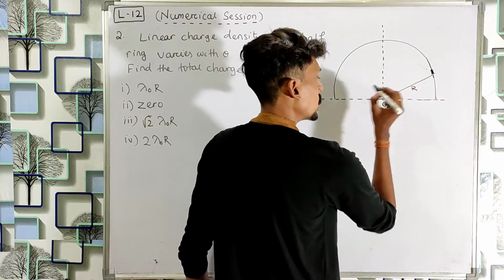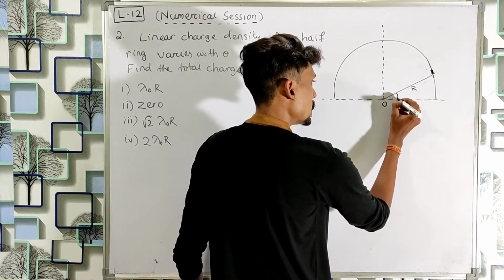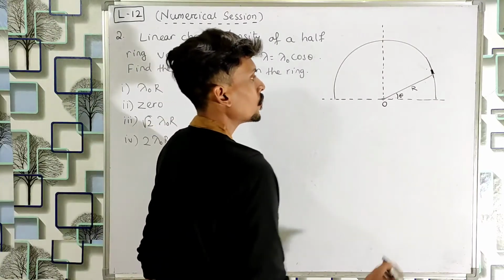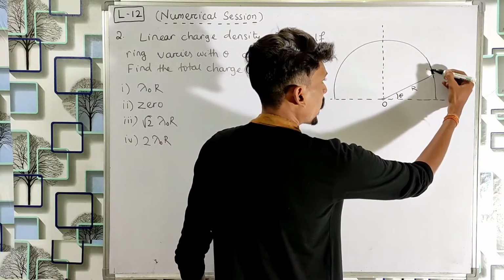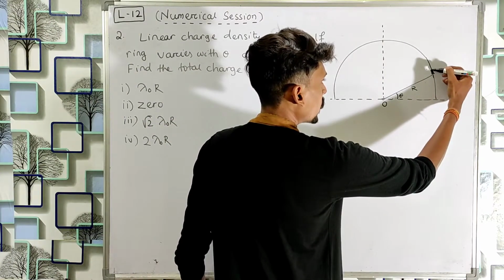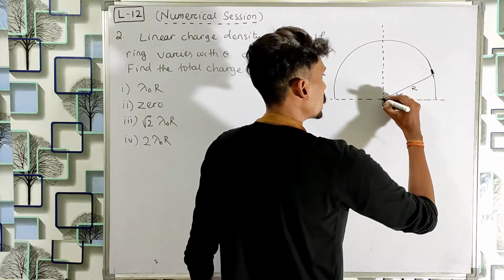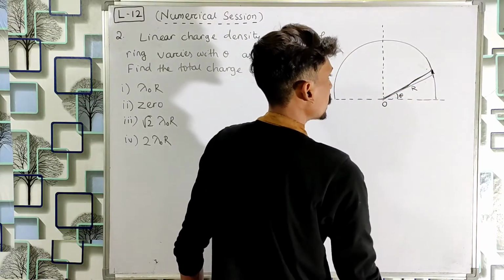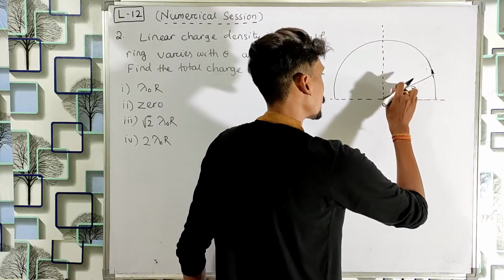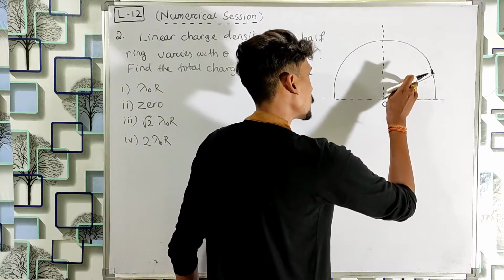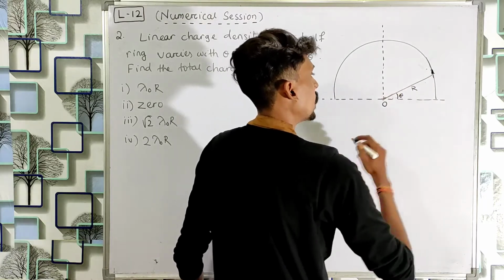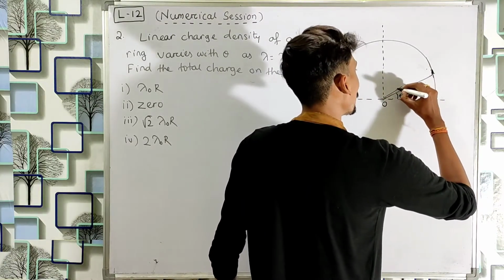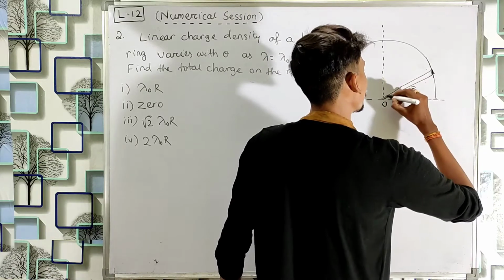Suppose R is the radius, and suppose this angle is theta. Is that clear? The angle is theta. Now if I join the other end of the element with the center, then I will get another line like this. So let me redraw this line here. Now I will join this end with the point O like this.